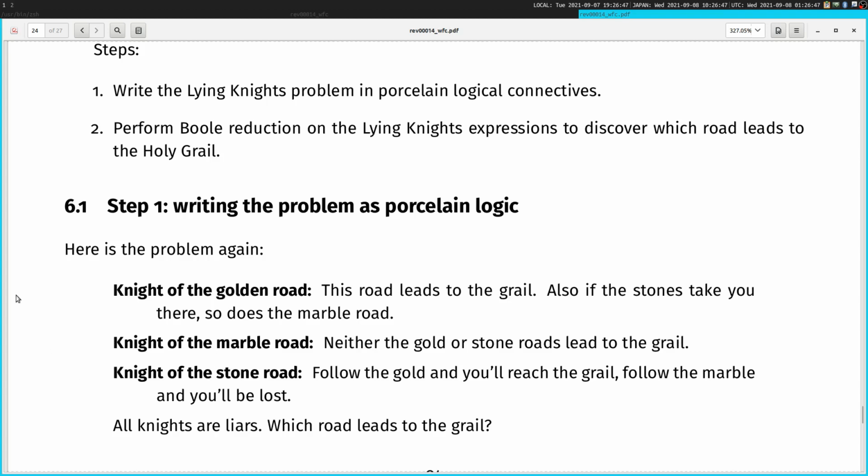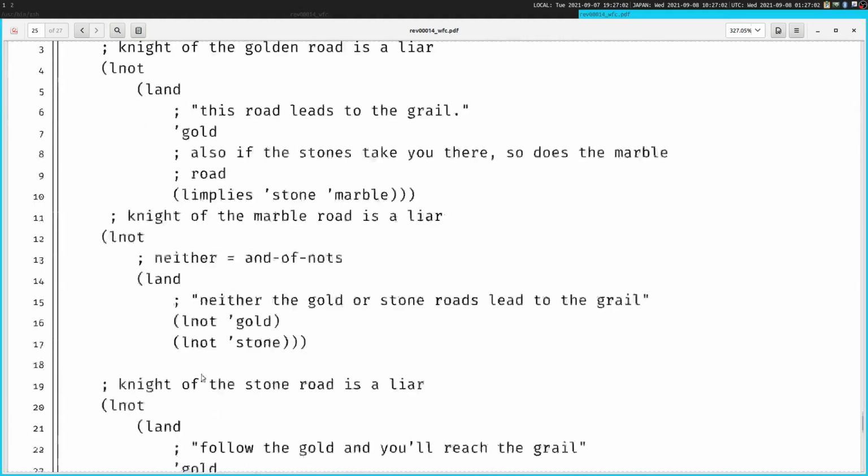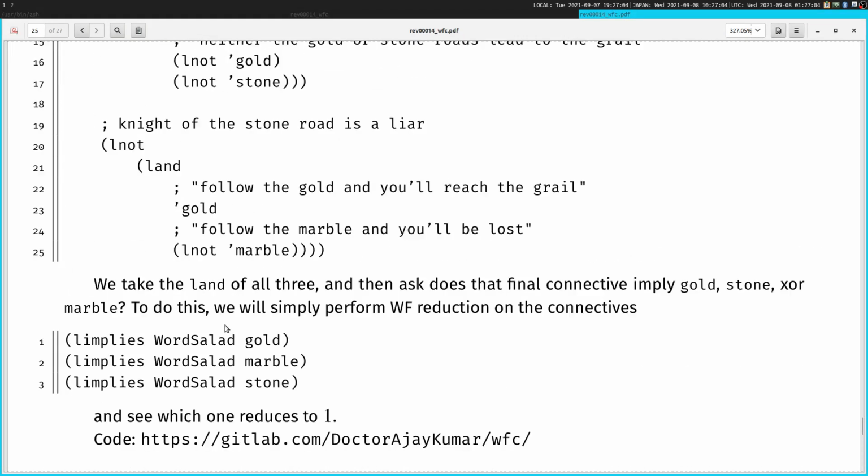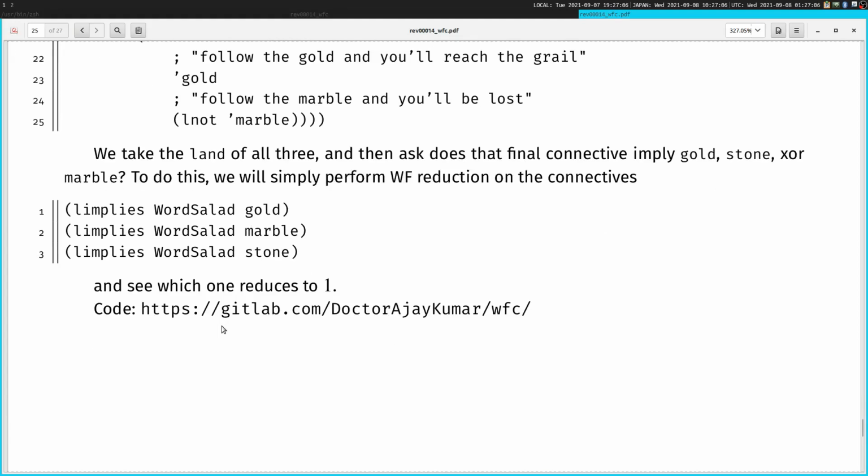Solving it by hand algebraically in WF algebra is really difficult, and in Boolean algebra it's pretty much impossible. You could maybe write out truth tables, but that's a lot of grunt work, whereas in WF algebra, one of those reduces to 1 and the others don't, which is cool. We went over that in the podcast, and I think it's still in the WFC codebase.